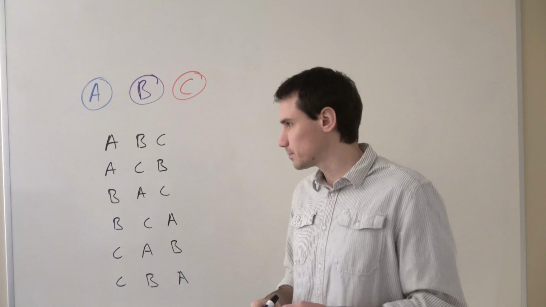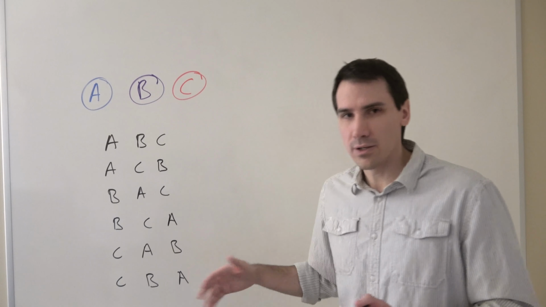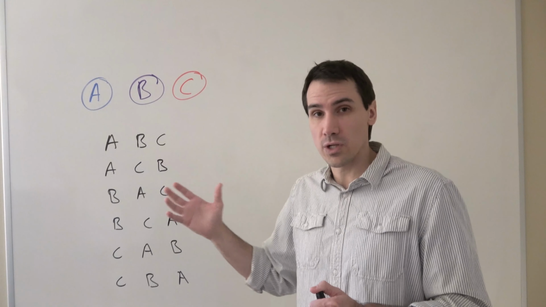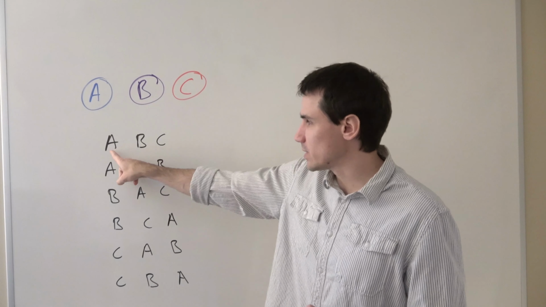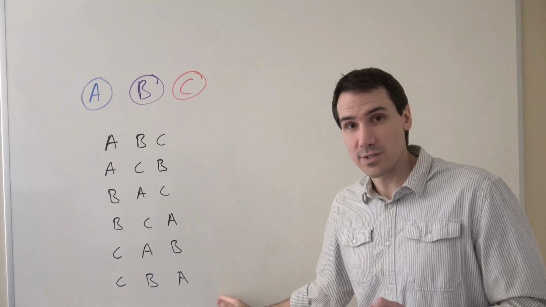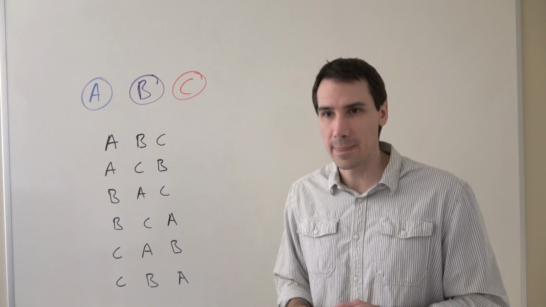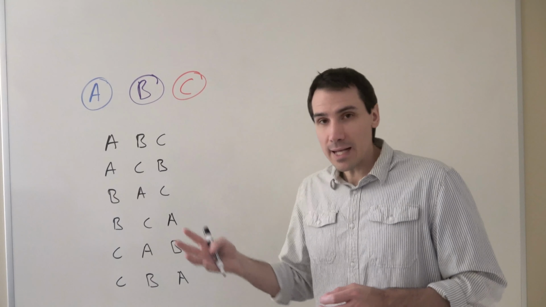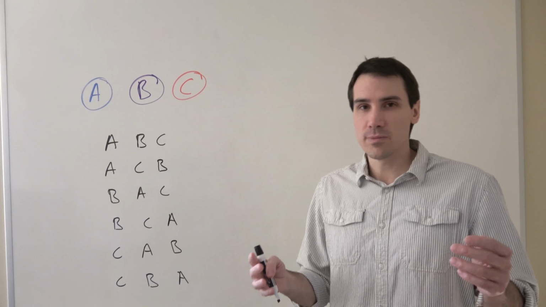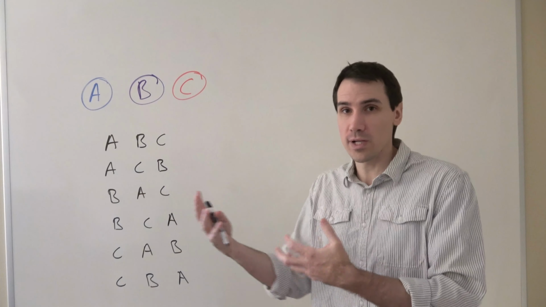Okay, so step 1, I have just listed all of the ways of rearranging these 3 particles. I can choose A and then B and then C, or A and then C and then B. It turns out there are 6 ways of rearranging these particles. Now, mathematically we can think about this in terms of how many options do we have for each choice of particle.